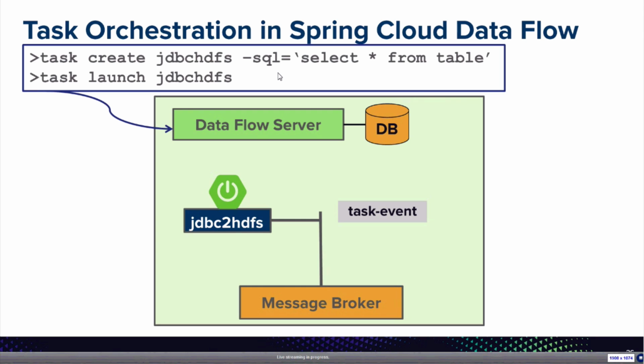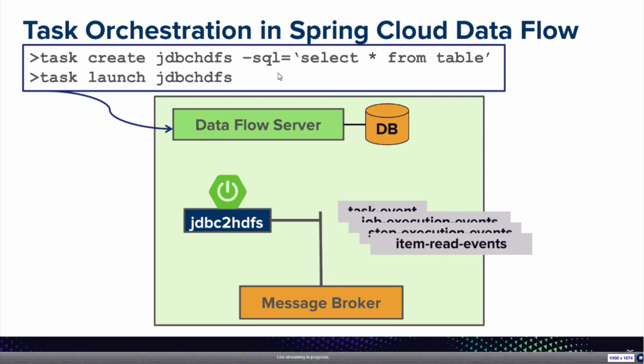If it's a Spring Batch job, like in this case JDBC to HDFS, you also get an event stream for all of the lifecycle hooks that are available in a Spring Batch job. So when the job starts, using the terminology of Spring Batch, when the step starts and stops, item read events, process events, write events, and skip events, which are really, in a sense, events that are errors.